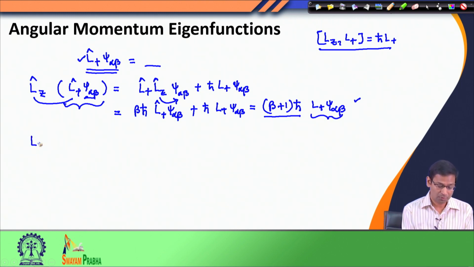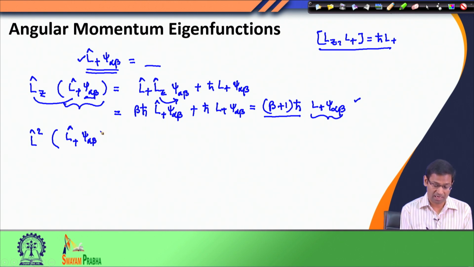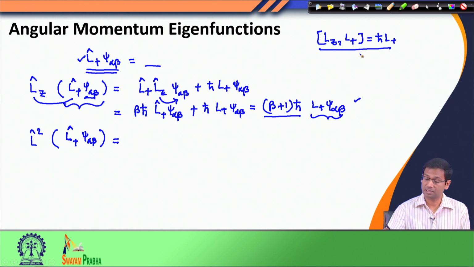Alright. Now, I will see what I get when I make a measurement of L square on this function. So, when I apply L square on L plus psi alpha beta, what would be the outcome? I can show that L square and L plus commute.